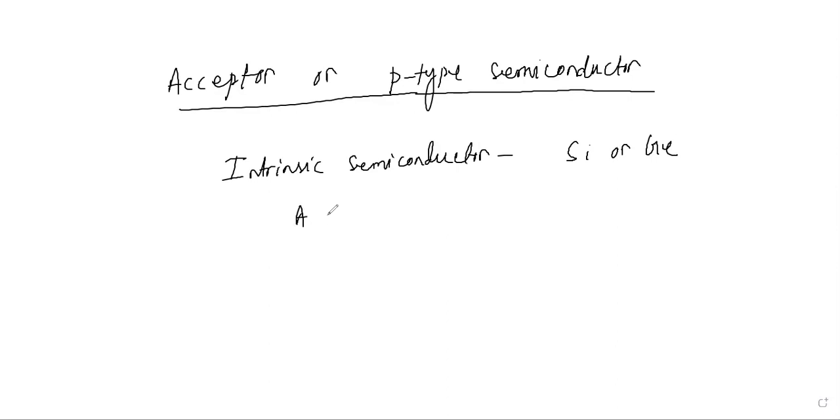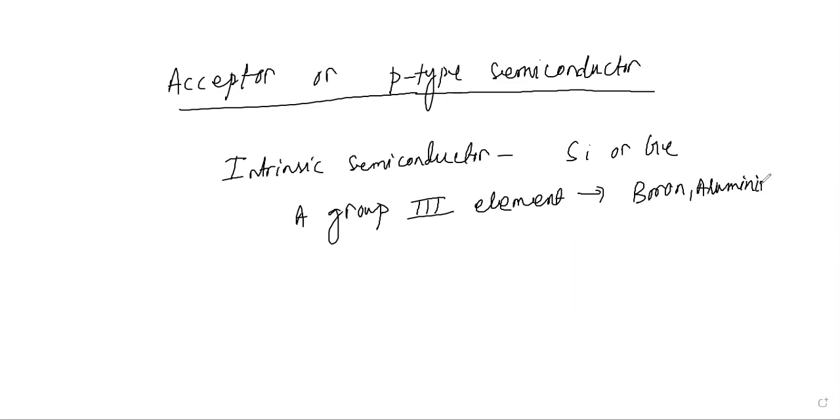If you add a group 3 element, such as boron, or aluminium, gallium or indium, these are all trivalent or group 3 elements. This trivalent impurity, as we know, will have 3 valence electrons.